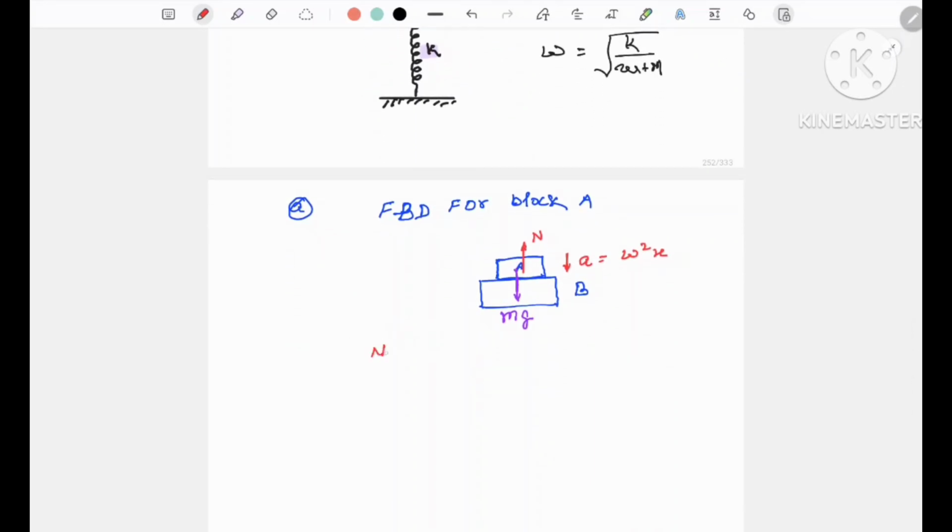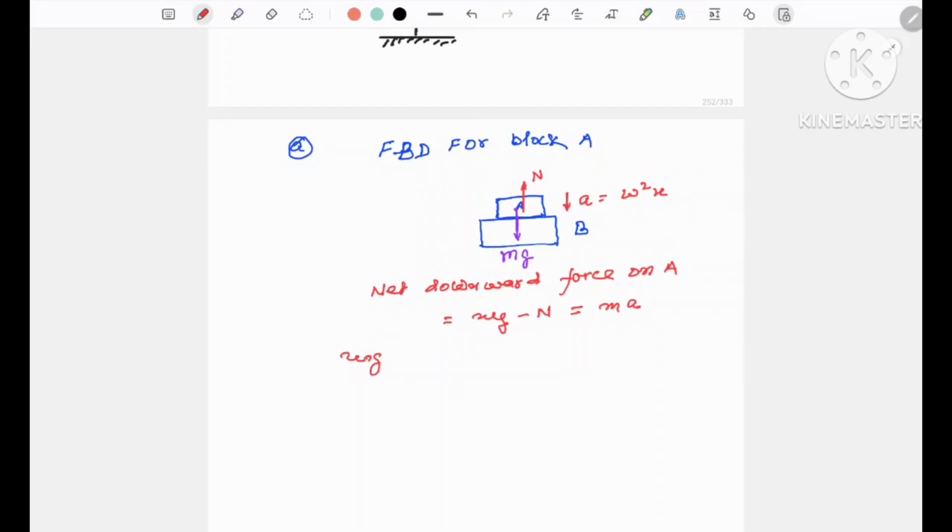Net downward force on A is mg minus N, and that will be equal to ma.